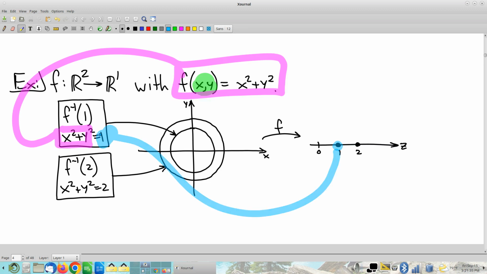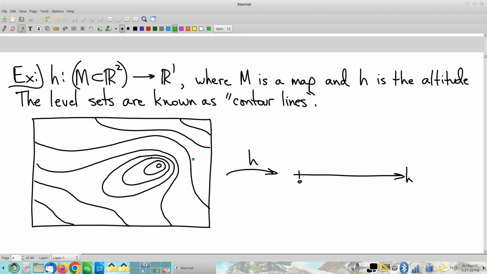If you take this equation and solve for the x and the y, that gives you that circle right there. So this is one of the level sets, or because it's a curve, we call it a level curve for that function. And you can plug in different output values that give you different equations, which then give you different curves. Okay.